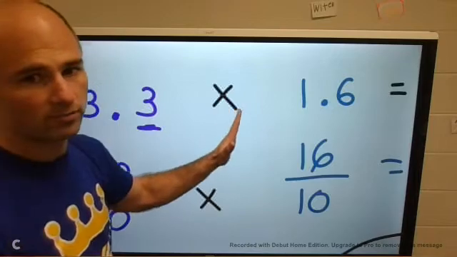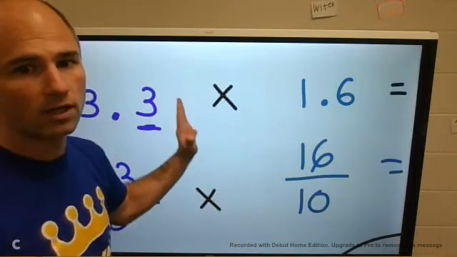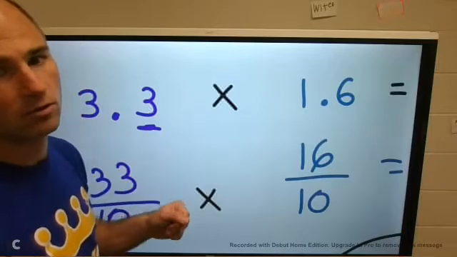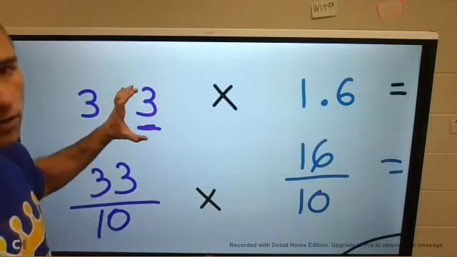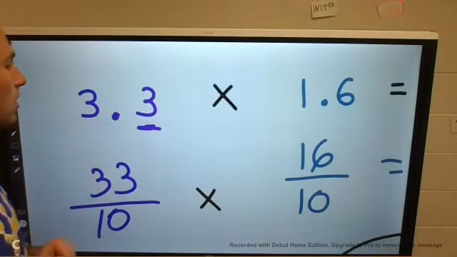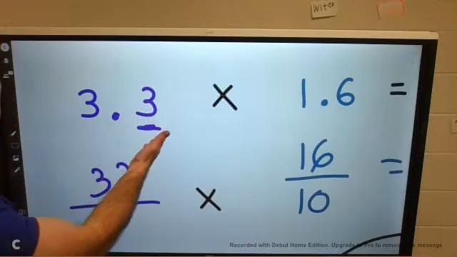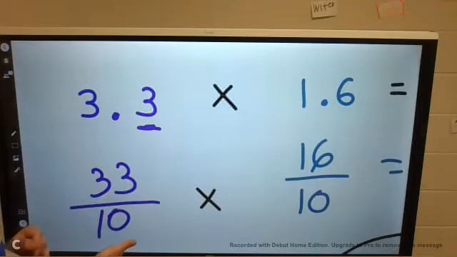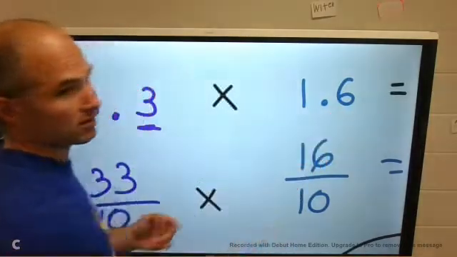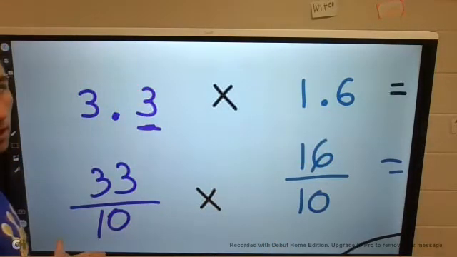Obviously, there are other place values here that you can't see because they're invisible, like the hundredths has a 0, the thousandths has a 0, but we're talking about the place value that has the last digit in it, which is a 3, which is the tenths place. So tenths is going to be my denominator for both.